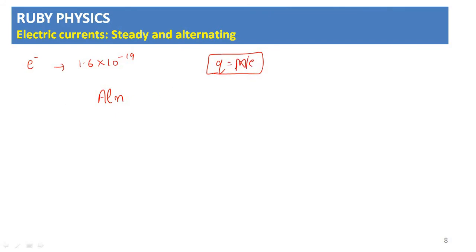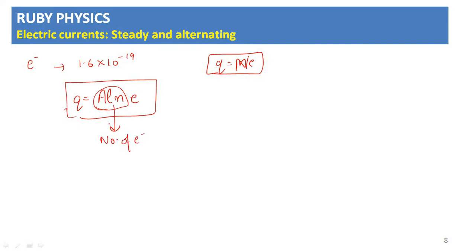So ALne will be the charge. Charge means number of electrons multiplied by the electronic charge, and number of electrons is number density multiplied by volume. Number density is the number of electrons per unit volume.